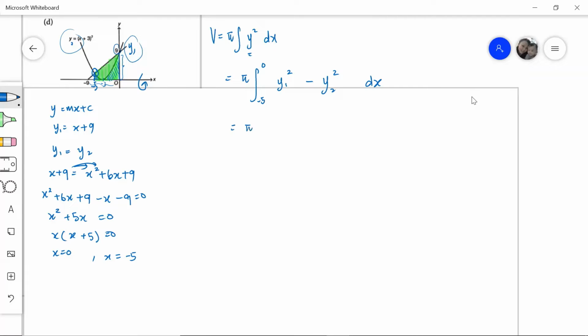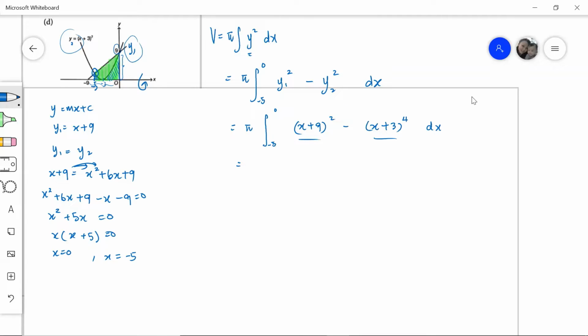Okay, so let's just put the y1 in. So y1 is x plus 9 squared. So we're going to minus the y2, so x plus 3 squared, and you square again, so to the power 4, dx. Okay, so these are two different terms.